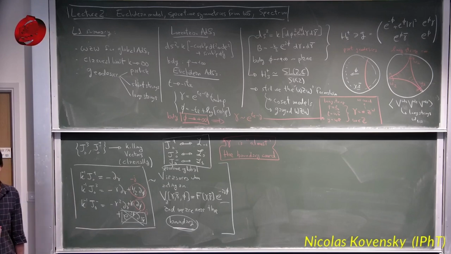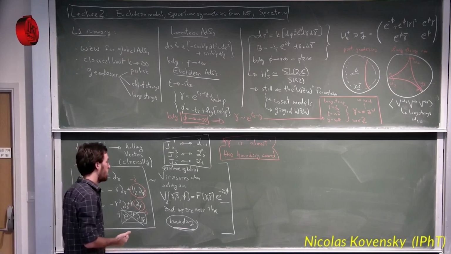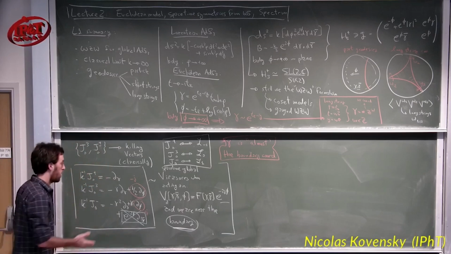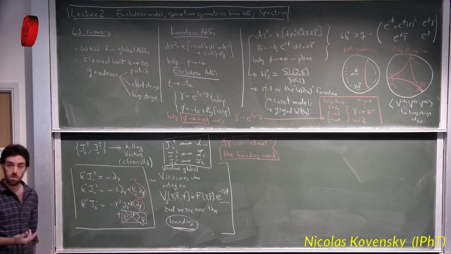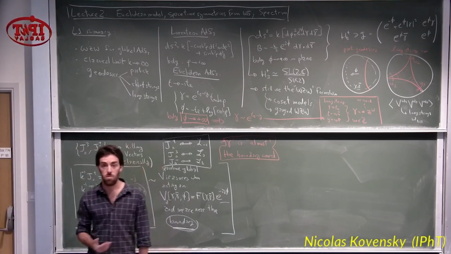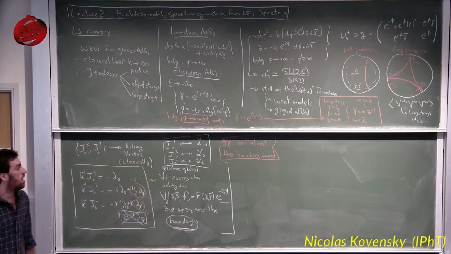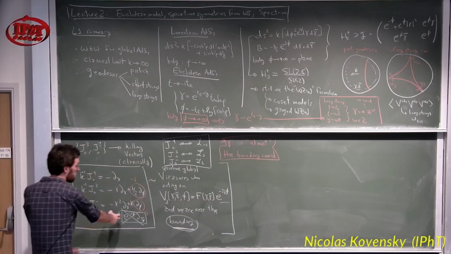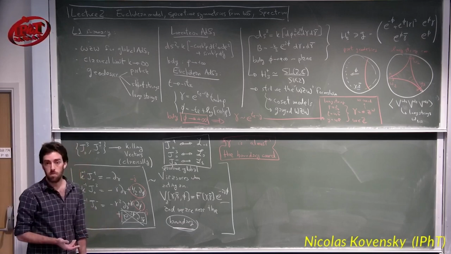So I can't really say that I identify it directly with the holomorphic coordinate, the boundary coordinate, which I'm going to end up calling x. But what is going to be true is that near the boundary, gamma is really going to be a holomorphic field.